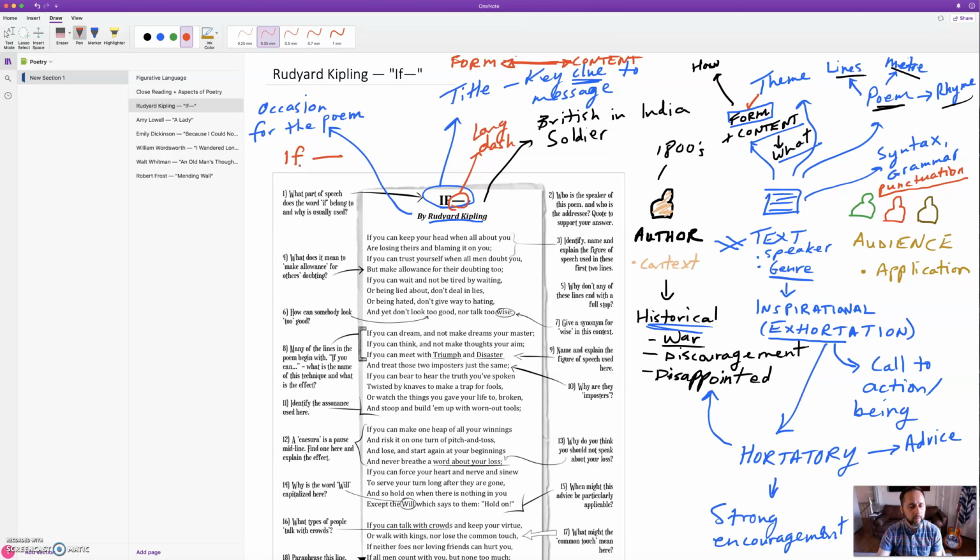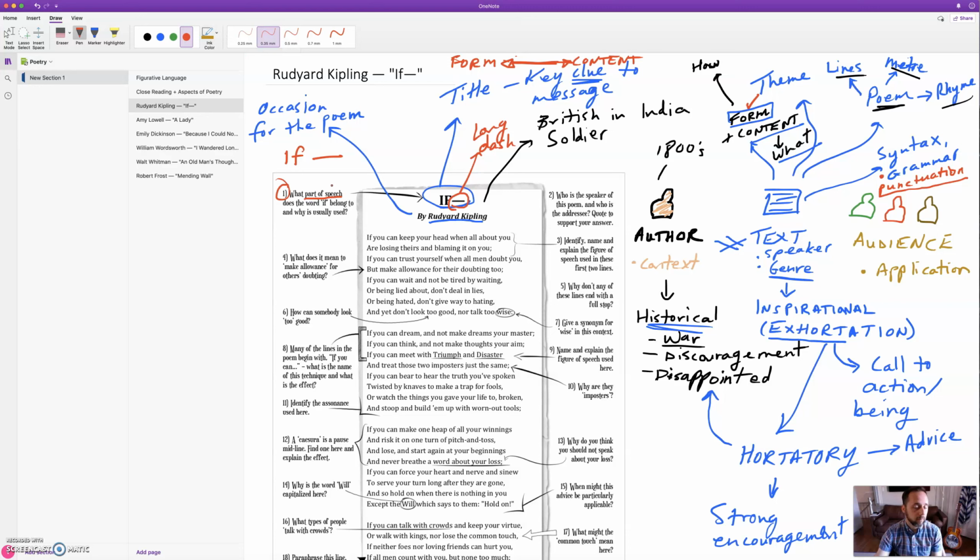Okay, so we'll show that relationship, like why is this long dash important? What does this mean? And the first question begins to get you to think about something like syntax, grammar, and punctuation. And the question is, what part of speech does the word if belong to, and why is it usually used? Okay, so this is a grammar point. You think back to any English grammar that you've used previously.